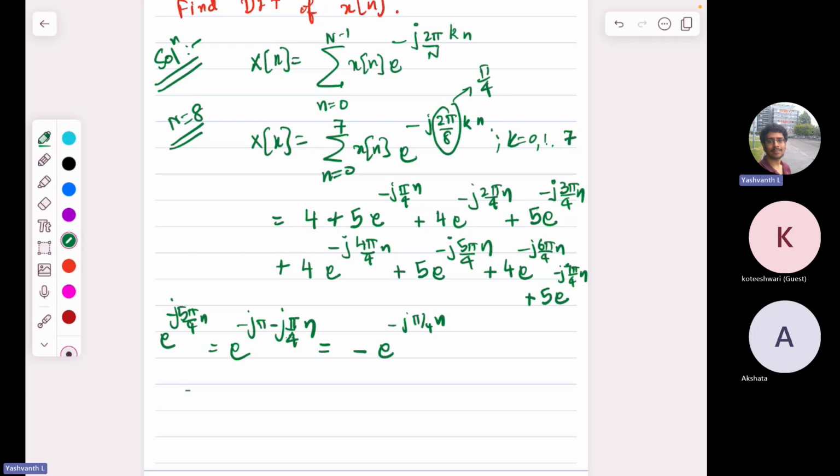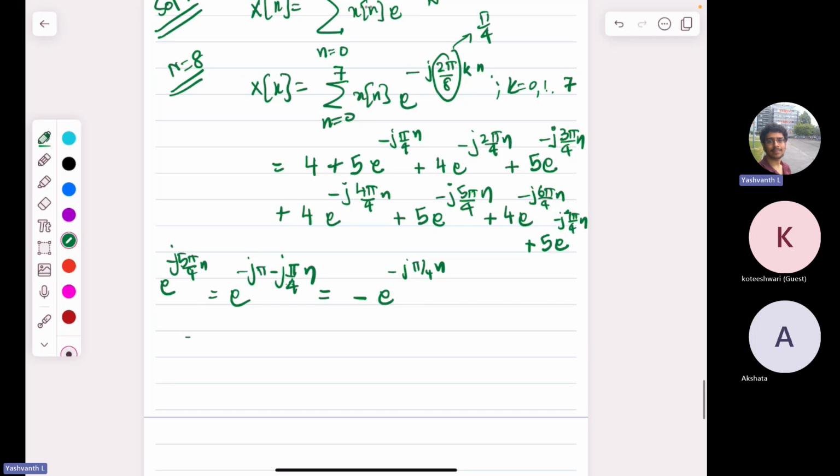And similarly, e power minus j 3 pi by 4n. What is this? This is e power j pi minus j pi by 4n. So basically, this is minus e power j pi by 4n.